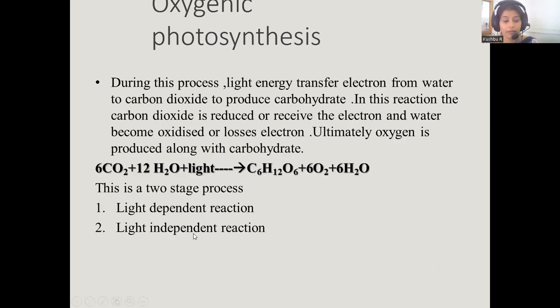And then photosynthesis in bacteria is sometimes light dependent and sometimes light independent. Just like the way they are sometimes dependent on water, that is the splitting of the water molecule, here there is a dependency on the light dependent reaction and the light independent reaction.